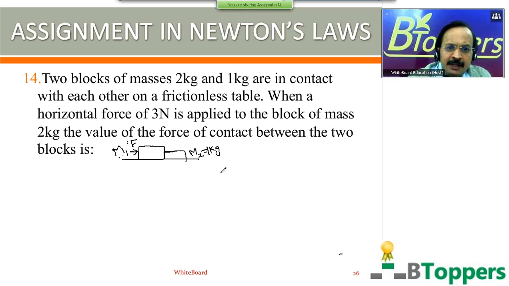So, the first block of mass M1 exerts a force on M2 towards right. So, the force on M2 by M1 acts towards right, which I have denoted in vector form by F bar 2, 1.